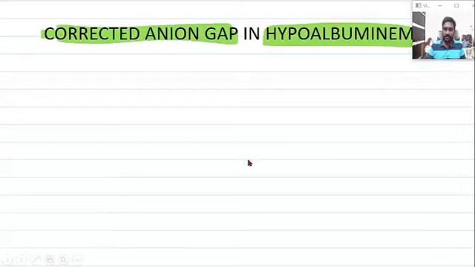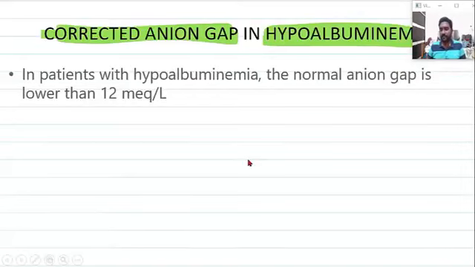We already discussed that in patients with hypoalbuminemia, the normal anion gap is lower than 12 milliequivalents per liter. In a normal healthy adult, the anion gap is in the range of 8 to 12 milliequivalents.